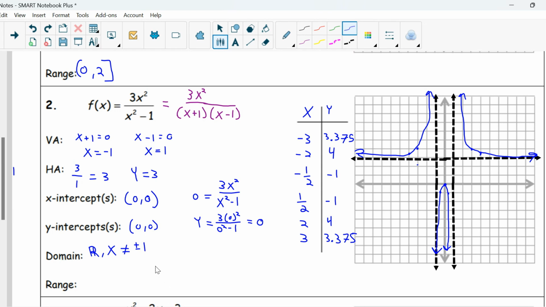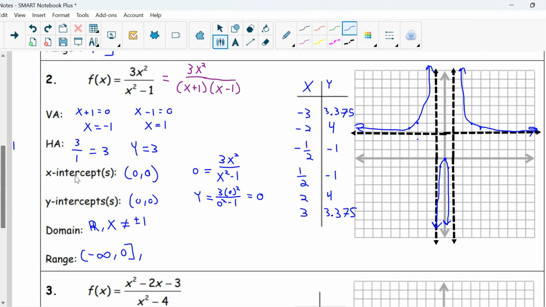For our range, on the other hand, I cannot have any values on my horizontal asymptote, but it also looks like I don't have any values above 0 here. So I'm going to write my range in interval notation, because in the negative direction I have values, so negative infinity, but that really stops right up here at the top of this parabola, which would be at 0.